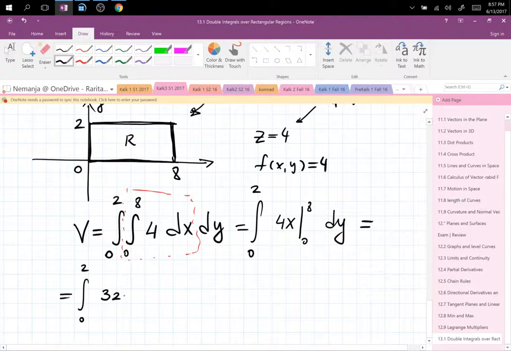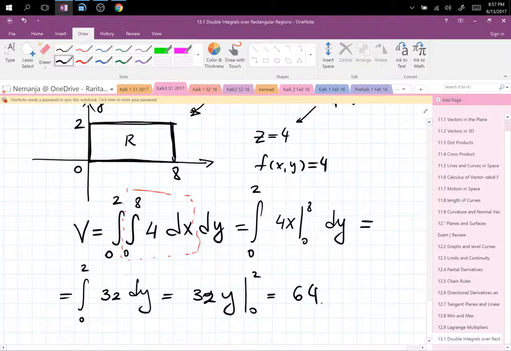And then you have 32 here minus 0, who cares? And now integrate this. And there's your 64. And at this point, the kid will understand never to ask question again.